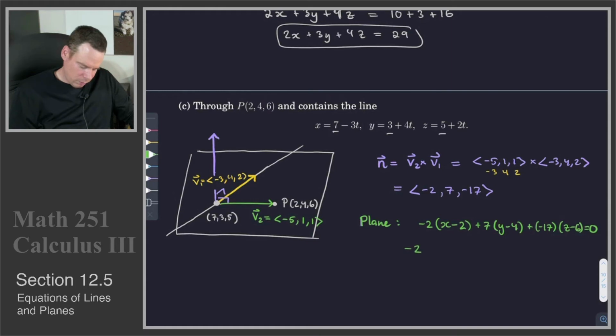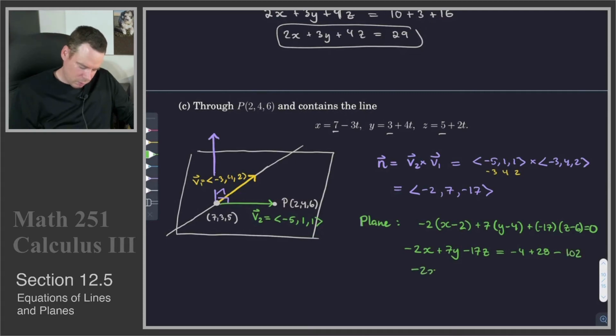So there we go. If we want to clean it up a little bit, we can go negative 2x plus 7y minus 17z is equal to, so that'd be a minus 4 plus 28, and then a minus 6 times 17, so that's 60 plus 42 is 102.